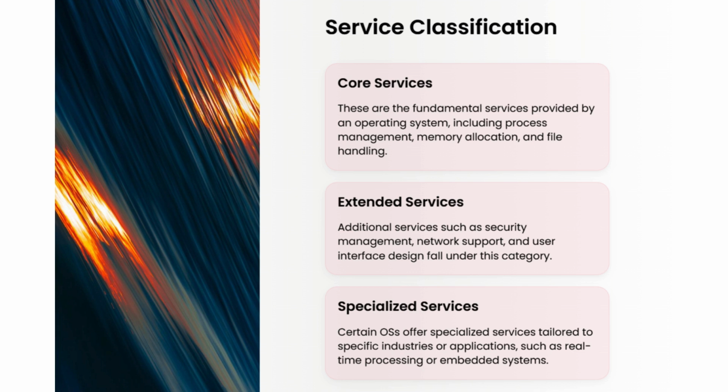Extended services are the additional services such as security management, network support, and user interface design. The last is specialized services. Here, certain operating systems offer specialized services tailored to specific industries or applications such as real-time processing or embedded systems. So this is the service classification of an operating system.